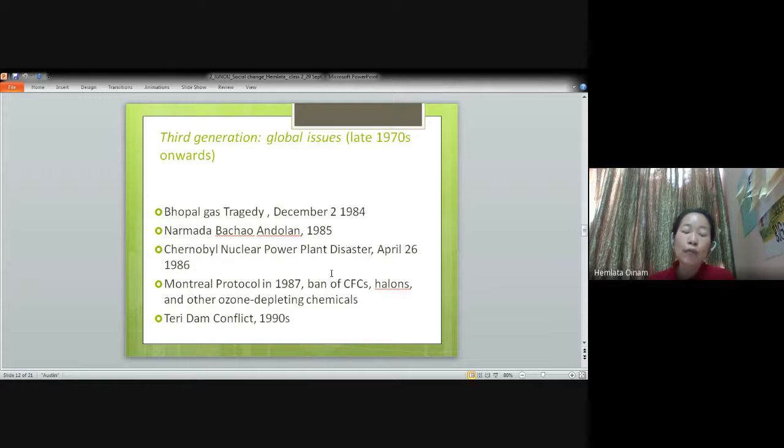The disclosure of the whole disaster and its probable radiation side effects could be notified to the citizens of Ukraine only after 1 week of the disaster. And by that time, people had already been infected by the radiation. And till today, people are suffering from radiation-based diseases and illnesses.